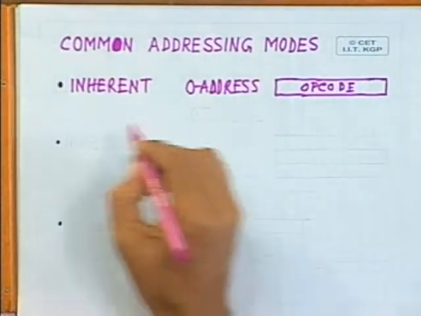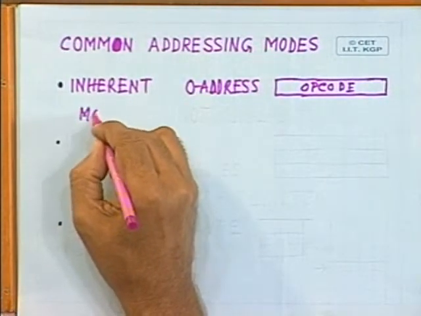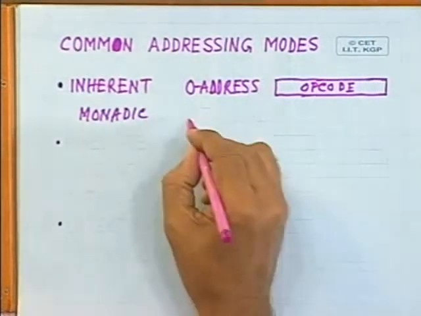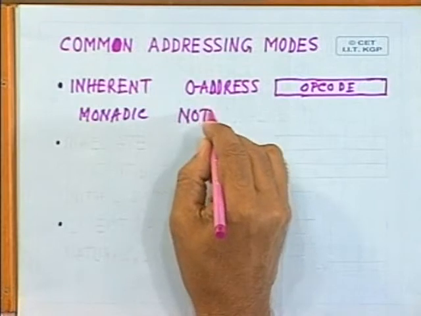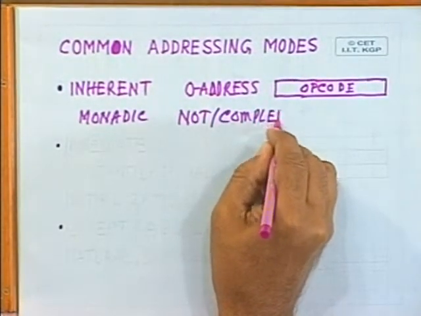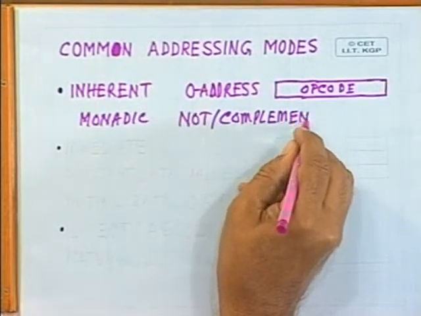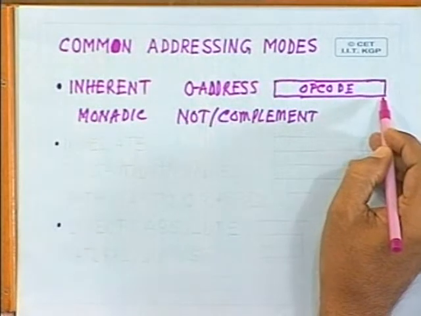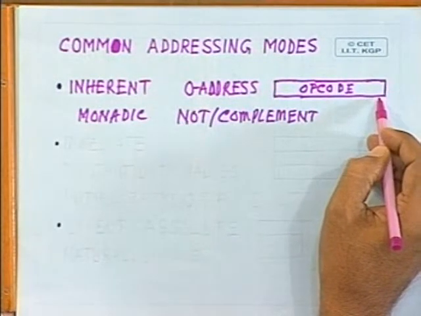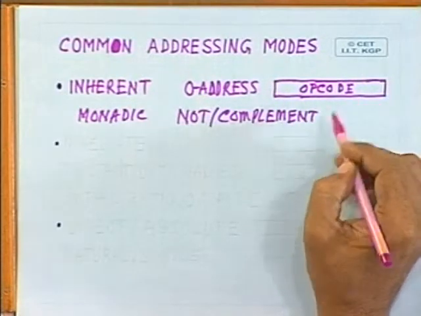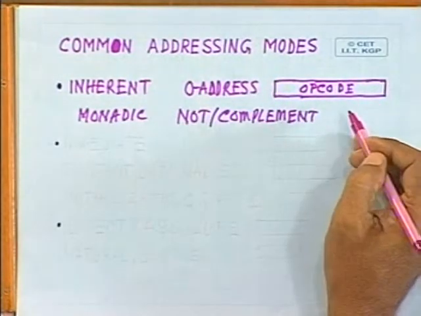For example, if it is a monadic instruction involving only one operand, like not or complement, then you do not really require any address to be specified as part of the instruction. As you know, one of the operands always comes from the accumulator and the result is also stored in the accumulator.